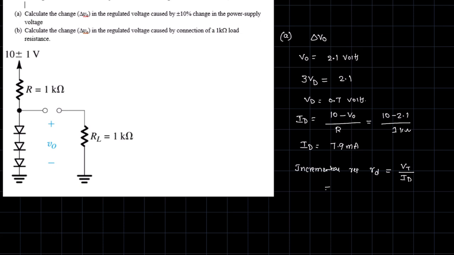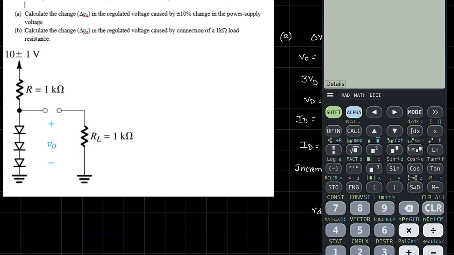VT is already given in the question, 25 millivolts at room temperature, and ID is 7.9 milliamperes. So the incremental resistance RD is 25 over 7.9, which is 3.164.